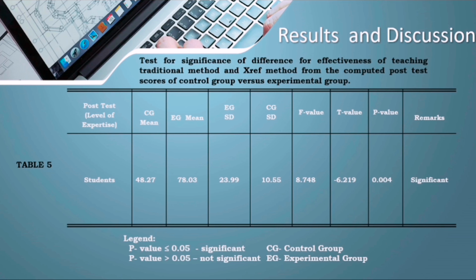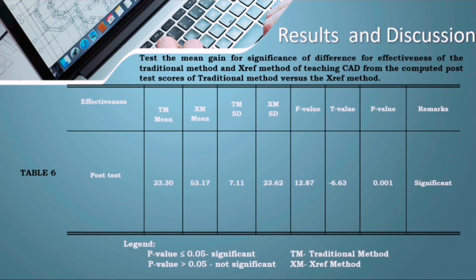We have the mean for the control group of 48.27, while the experimental group got 78.03. So it has quite a big, significant difference.